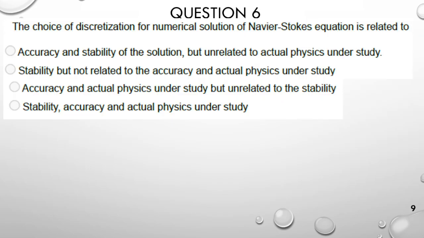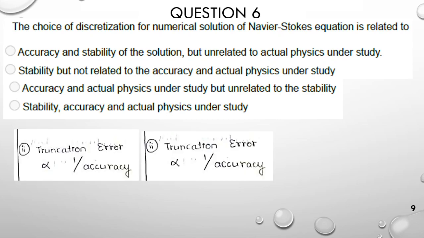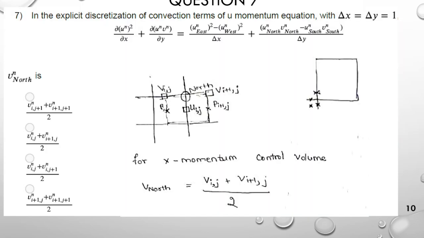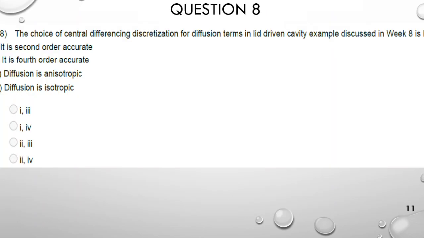As I said, question 6 is also on the accuracy of discretization that I've already discussed in the previous question. Anyway, I'll be uploading these slides on the drive. Similarly, how do we take the indices for calculating the north face velocity? That is the seventh question, and the eighth question is fairly easy.